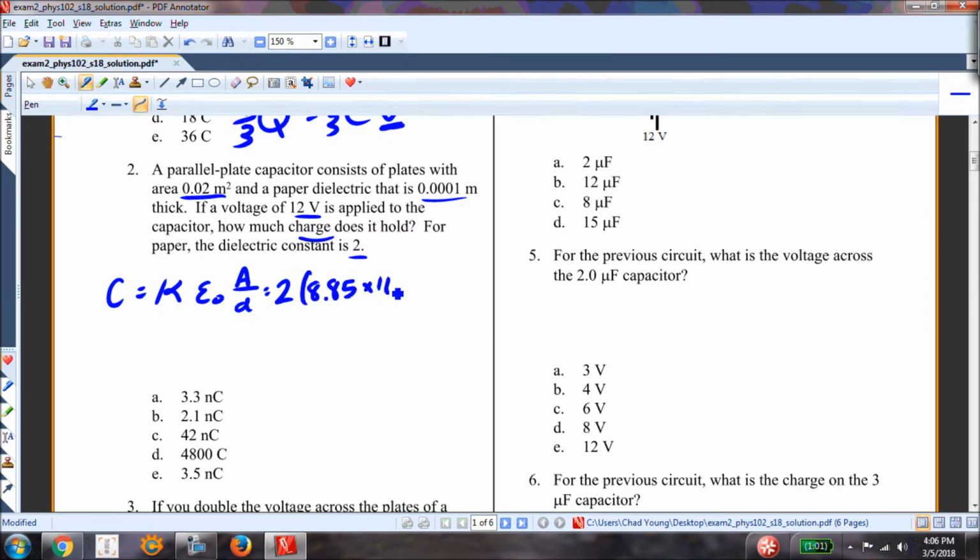8.85 times 10 to the minus 12, and then the area is 0.02 meters squared divided by 0.0001 meters. And then if I do that, I get 3.54 times 10 to the minus 9.